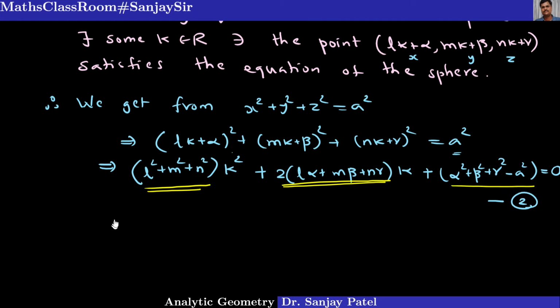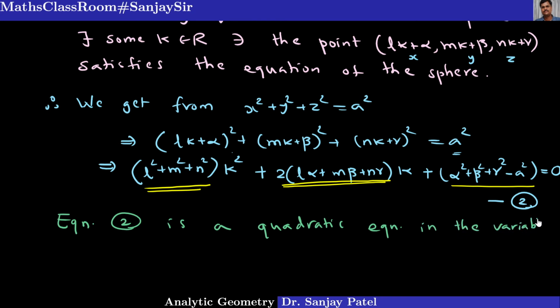Okay, so let me say equation 2 is a quadratic equation in the variable, or in the parameter say k. Okay, and since the line touches the given sphere, this quadratic equation has only one solution.